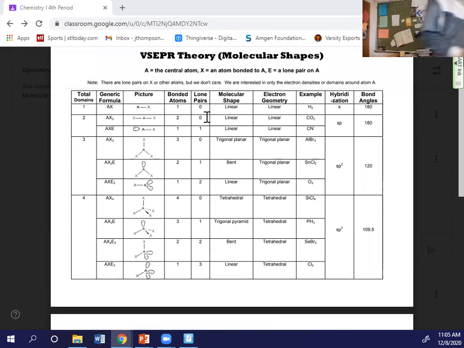I'm looking at these 2 columns right here. I'm going down until I find 2 atoms bonded and 2 lone pairs. So 2 atoms bonded, 2 lone pairs, it comes down here. I'm looking at the molecular shape. So this is my one right here, okay? Everyone, does that make sense to you, Brooklyn?